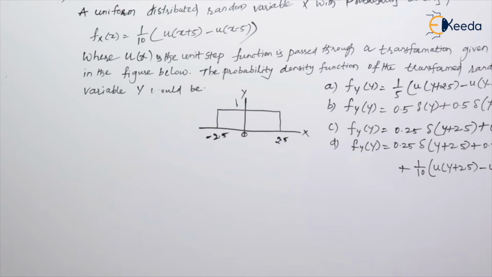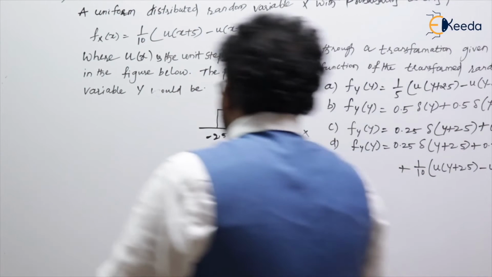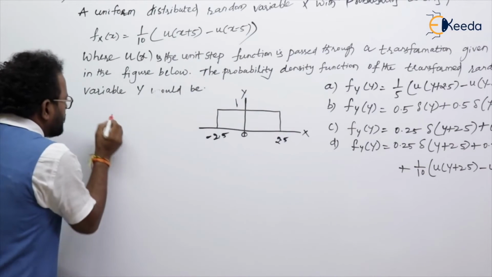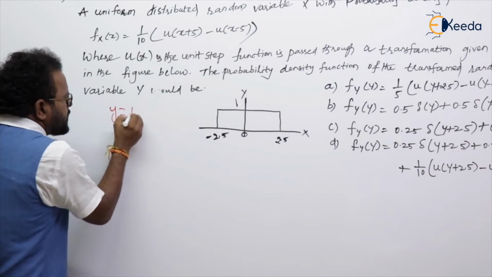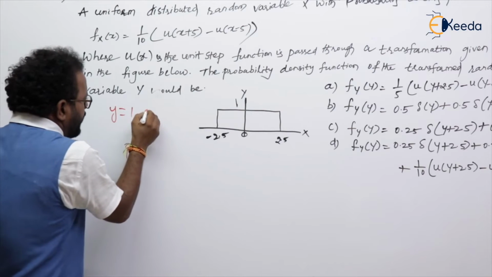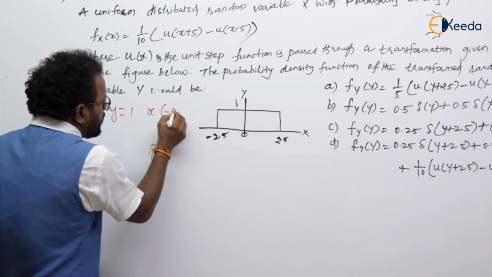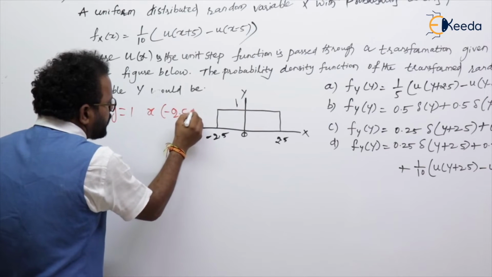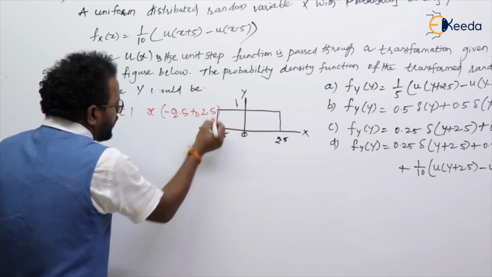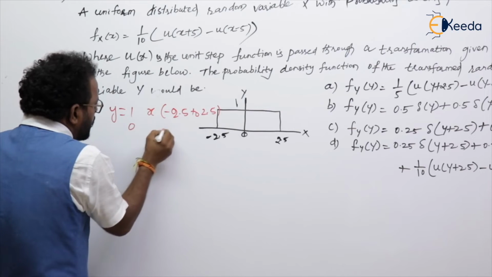If you observe the transformation, students, I can say that the y value is nothing but 1 whenever x lies between minus 2.5 and plus 2.5, and its value is 0 otherwise.